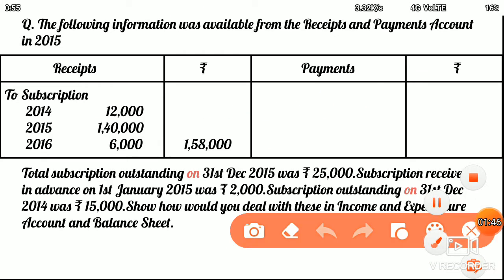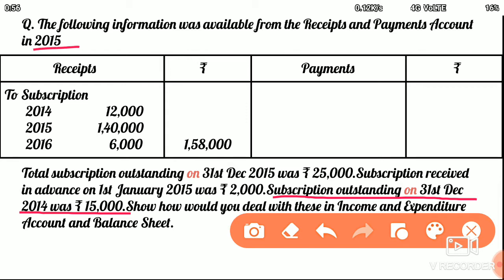Next we have subscription outstanding on 31st December 2014 was 15,000. So in the previous year there was an outstanding of 15,000, and if we look at the receipts and payments account of 2015, we can see that the organization received 12,000 rupees for 2014.